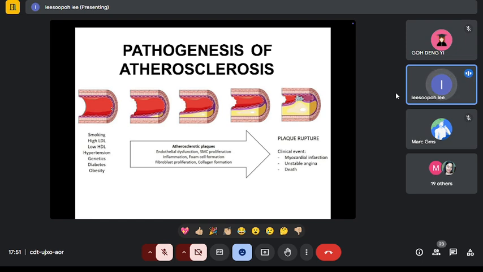The narrowing, or atherosclerosis formation, happens because of a few risk factors. So just think of it like a clogged drain. Okay, why will your drain clog? Number one, it can happen because the viscosity of the blood is very thick.